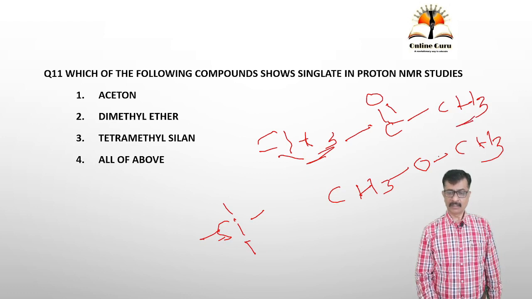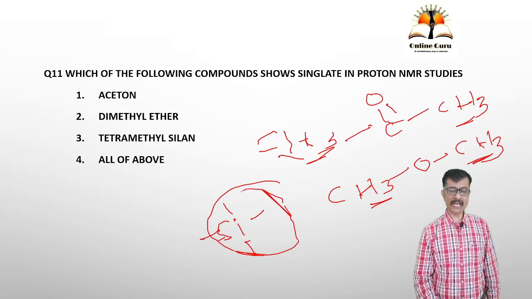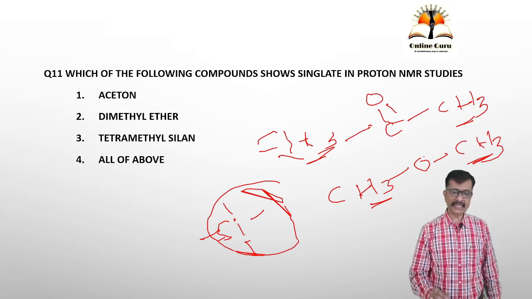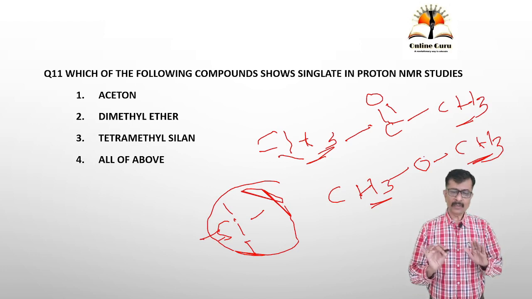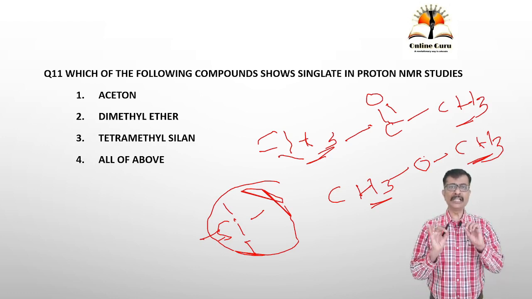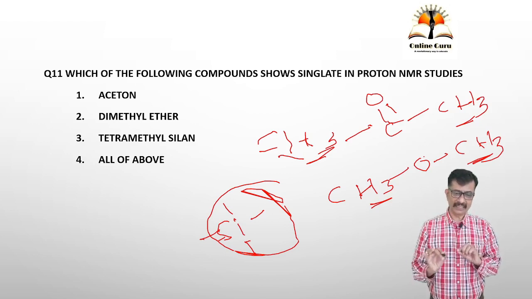Here dimethyl ether contains again 6 hydrogens and tetramethylsilane contains 12 hydrogens, and all these hydrogens are in the same environment. So all protons, whether of acetone, dimethyl ether or tetramethylsilane, will show a single sharp peak, a singlet.